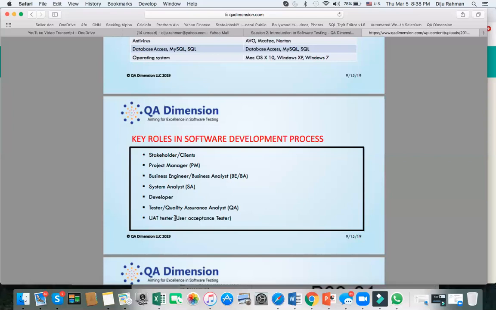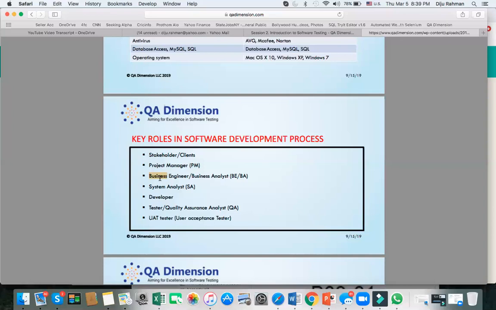And last but not least, this is called the UAT tester. This is also a little confusing. It is more like another level of testing after your test. So UAT is basically business testing. Most companies, based on my experience and what I have seen so far, have business engineers do this type of work, UAT testing, because they are the ones who know what they should be expecting.